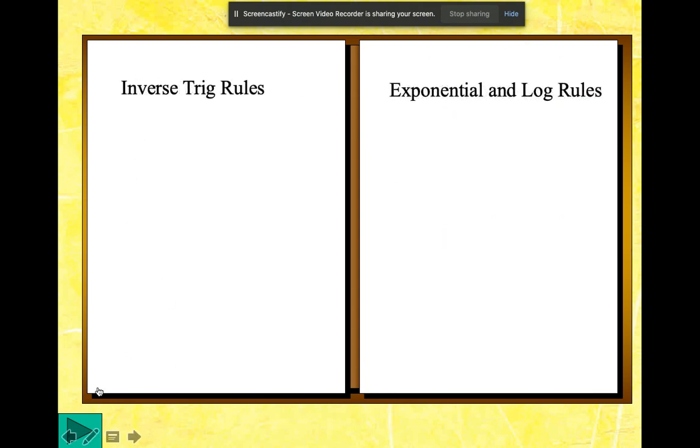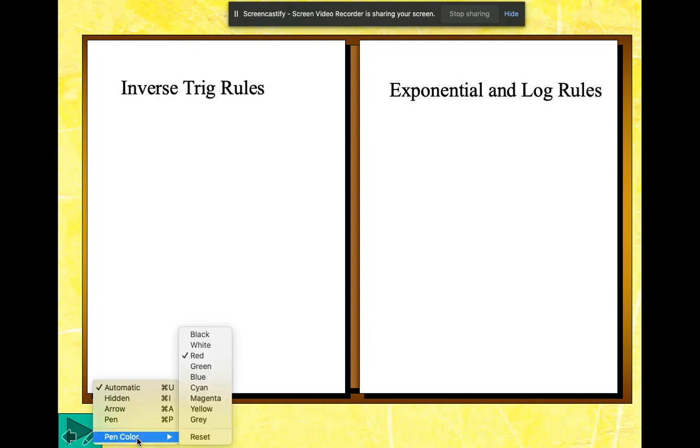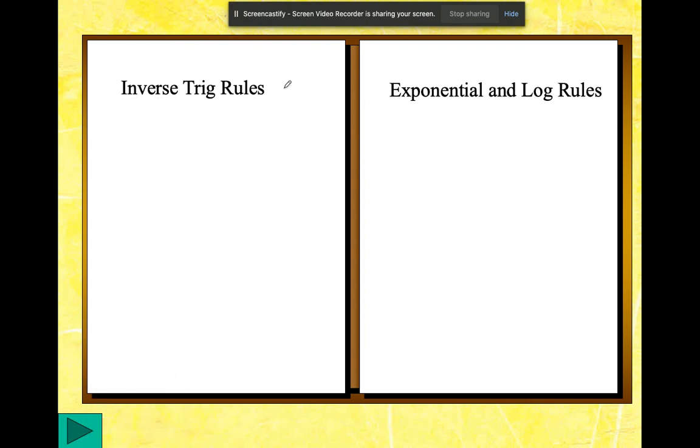Inverse trig rules, there are 6 of them. Six of them, right? And just do some practice problems. Same with the exponential and log rules.